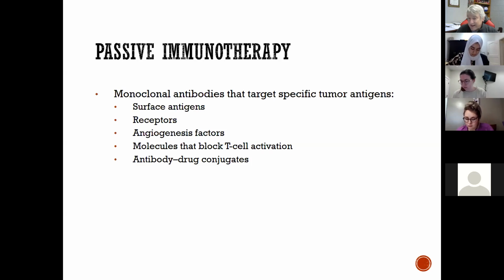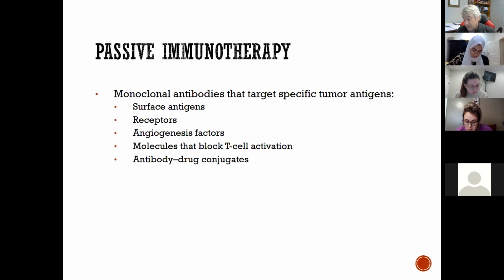These enhance anti-tumor specific T cell responses by preventing T cell inhibition. So blocking T cell activation is actually enhancing anti-tumor specific T cell responses by preventing T cell inhibition.